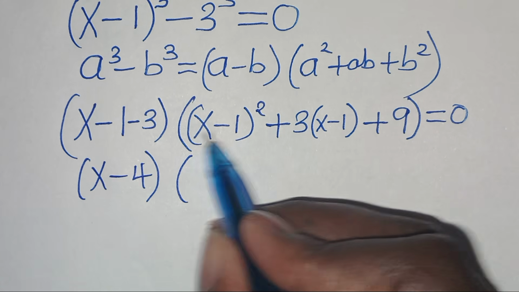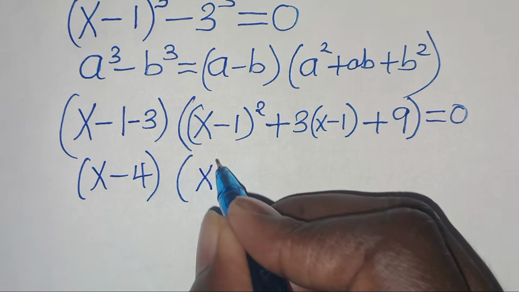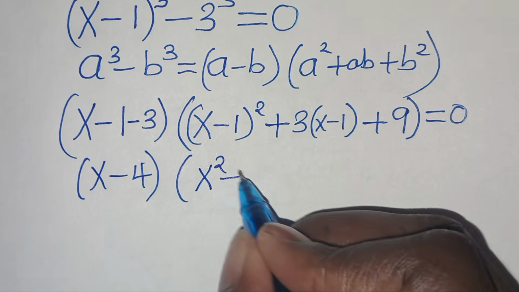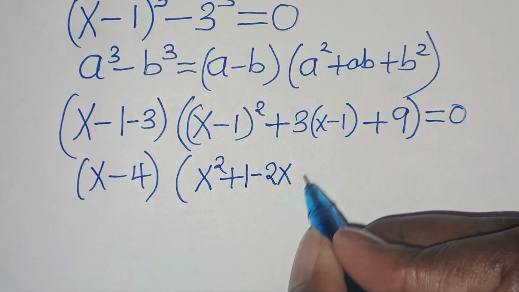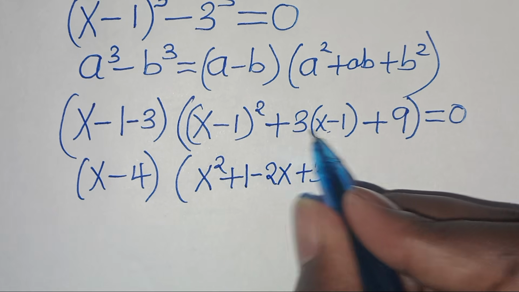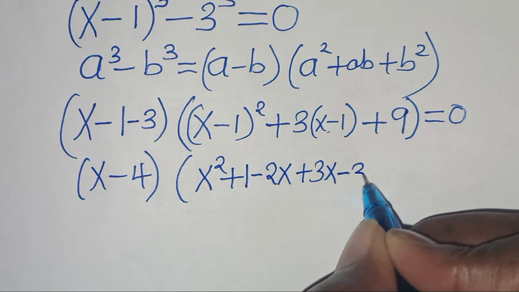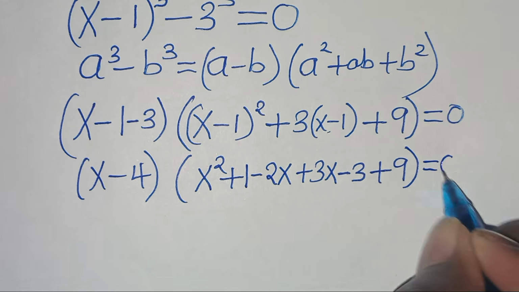Now let's expand this part, x minus 1 to the power of 2. This is x squared plus 1 minus 2x. Let's open the parentheses here: 3 times x is 3x, plus 3 times minus 3 is minus 3, plus 9, equal to 0.